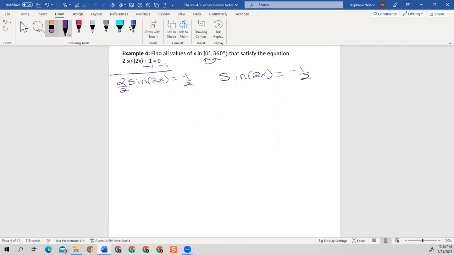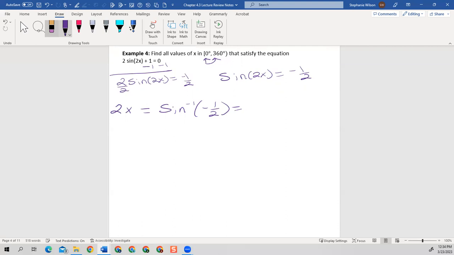Let's find its inverse. So we got 2x is equal to sine inverse of -1/2. I'm going to plug that in my calculator to get that value, which I know based upon the unit circle. And remember, we're working in degrees mode.